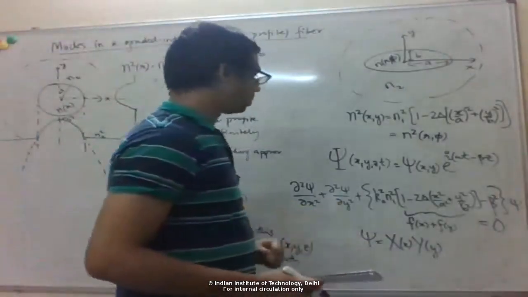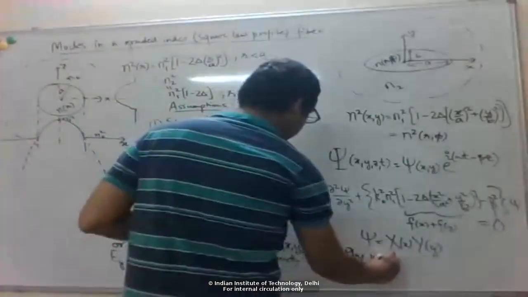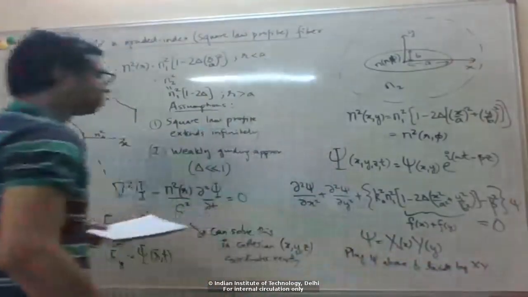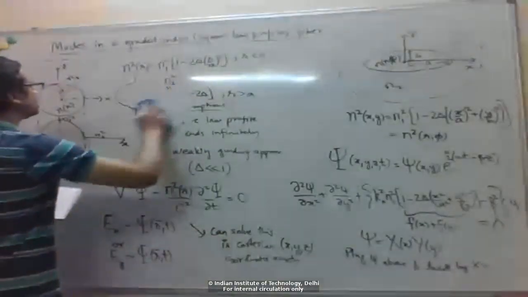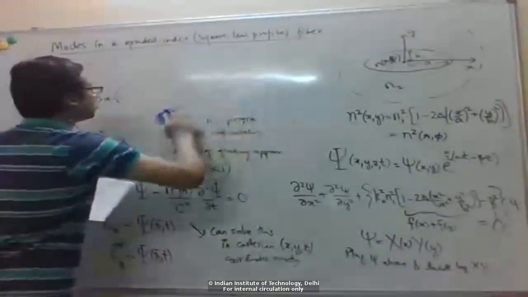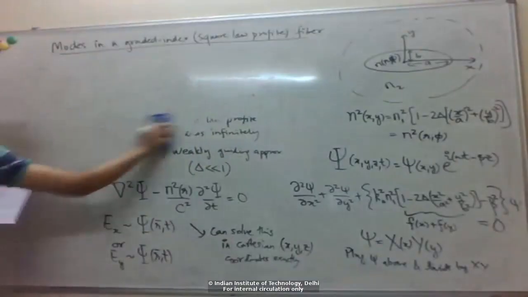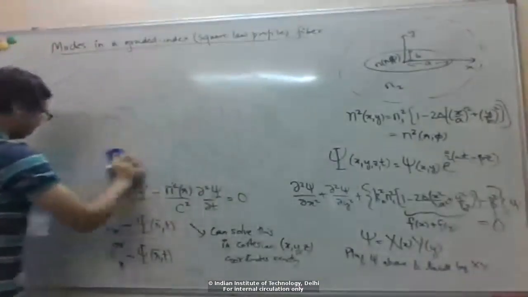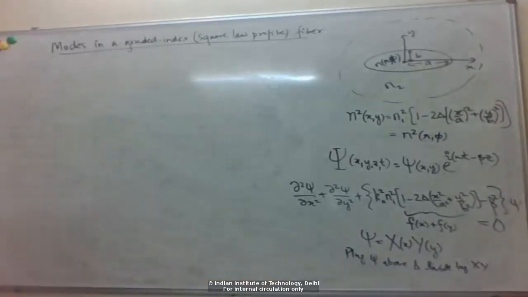So we plug this psi into the equation here, and then divide the whole thing by X times Y. So we end up with this.